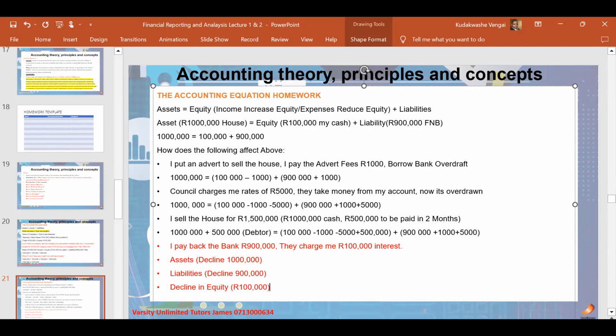Those are the typical exam questions that you're going to see, where the lecturer is asking you, what is the impact of this decision on the assets? What is the impact of this decision on the liabilities? What is the impact of this decision on the equity of a particular business? So you should be able to tell how this decision is affecting assets, how it is affecting liabilities, and how it is affecting the equity of a business.